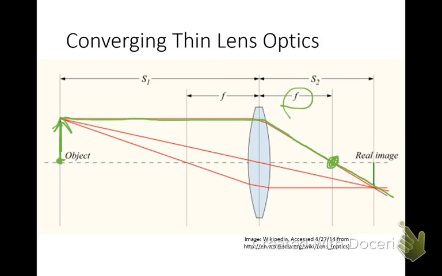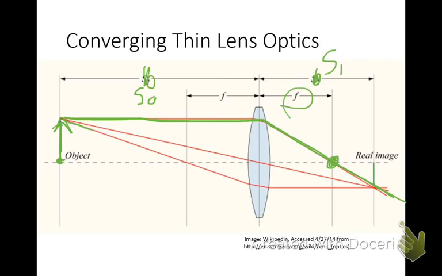So F is the focal distance, the focus, away from the lens. I'll go ahead and call SO the distance of the object, and SI the distance of the image. All right, so the first ray comes off parallel to the principal axis, strikes, goes through the focal point, and down. The second ray does the exact opposite.